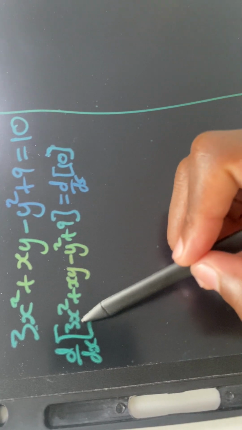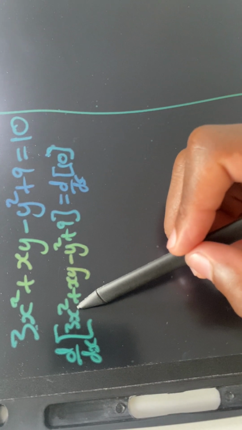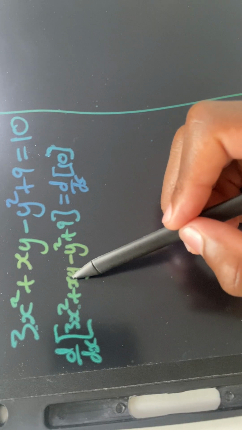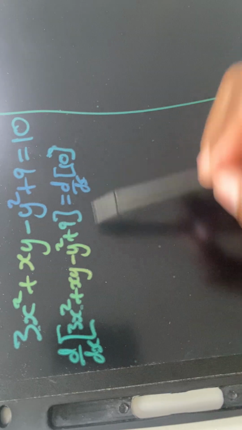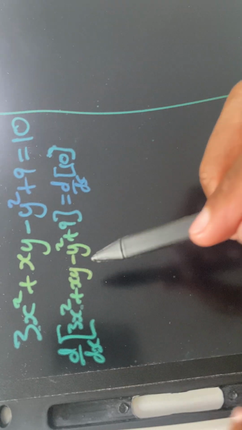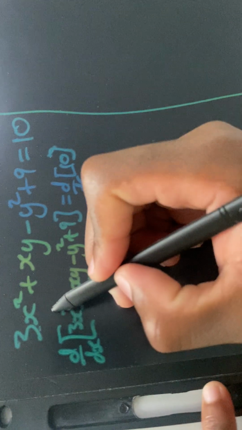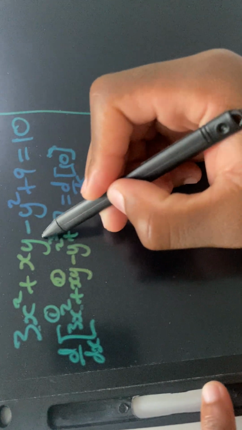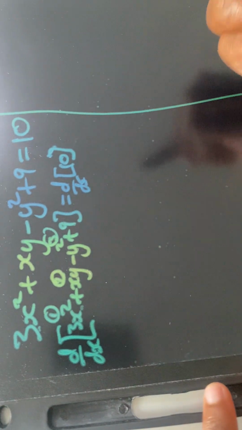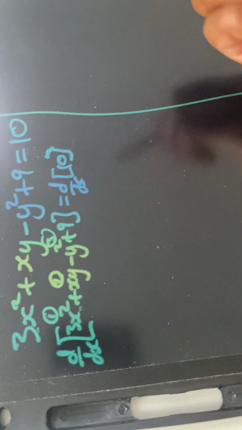We're going to find the first derivative of this term, this term, this term, and this term, right? And then simplify everything. So now let me take term by term. This is our first term, this is our second term, this is our third term, right? And of course the 9 is our fourth term, and it's a constant.